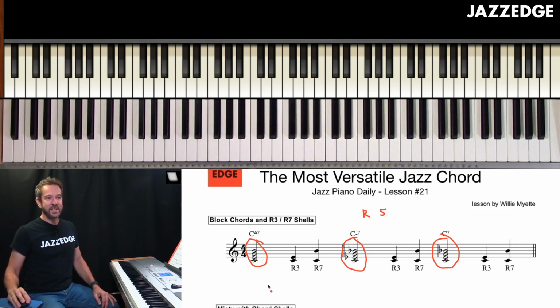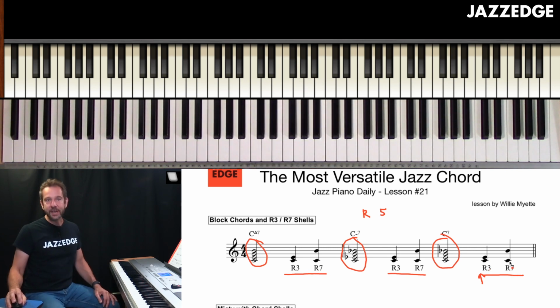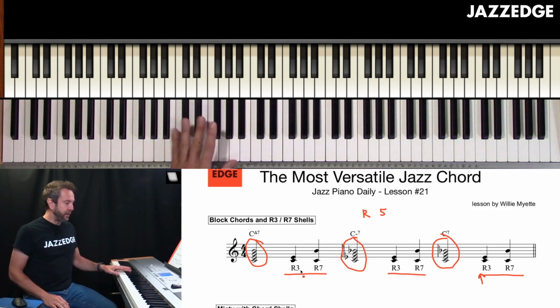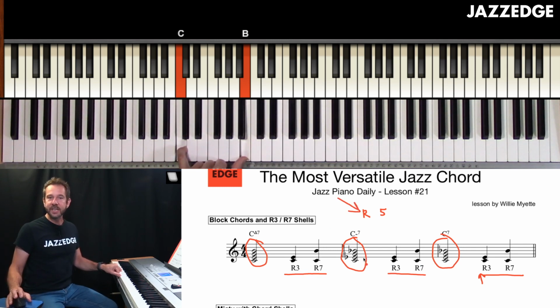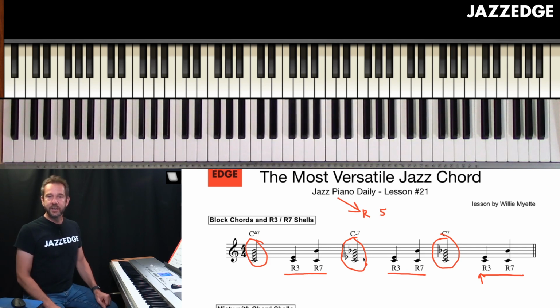But you're going to see that in all of these chords, I am going to have the root in them. What you see is R 3, R 7. R means root. Root 3, root 7, root 3, root 7. So here in the C major, I'm going to play the root and the 3rd, and I'm going to play the root and the 7th. Why am I playing the root when I said the root is the same in all three of those different types of chords?